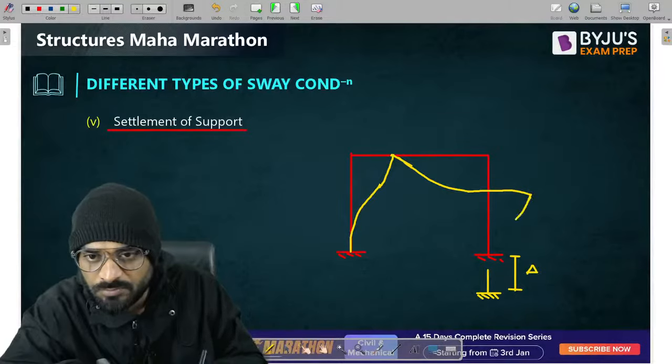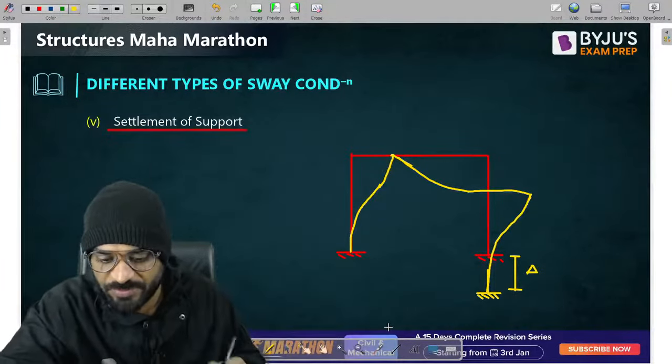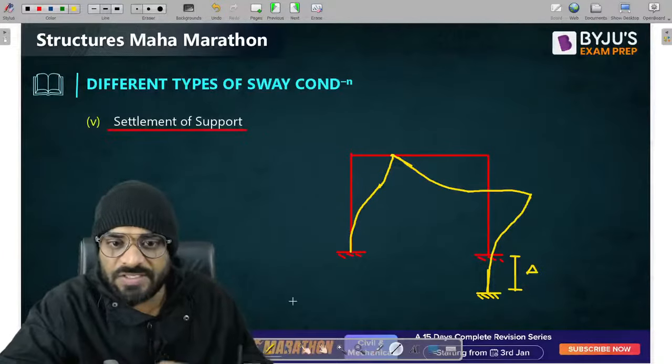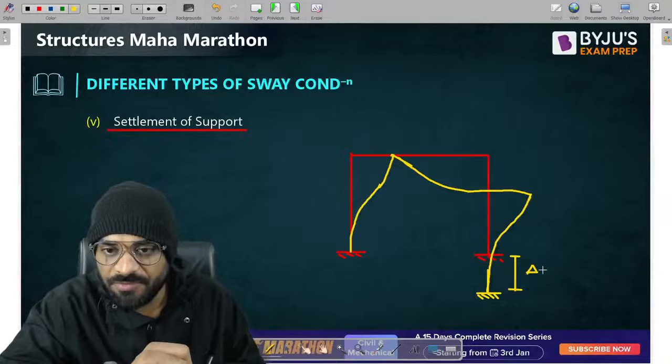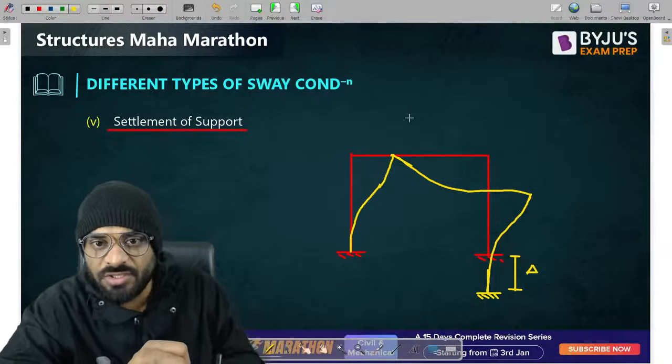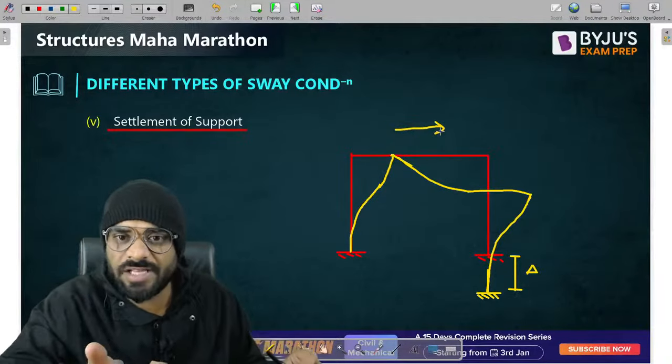Like this. This is your deflected shape of the structure, right? So in this case, you can see here, guys, what is the direction of sway basically. If your right support is trying to settle down, then this is our direction of sway. Yes or no? This is our direction of sway.